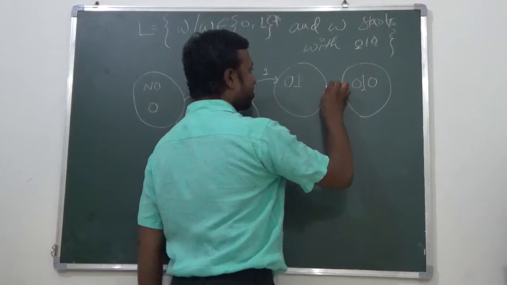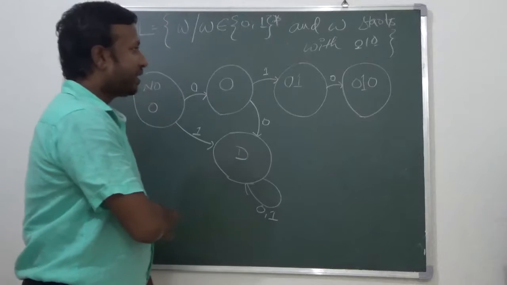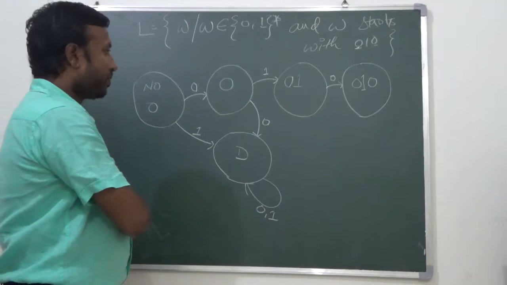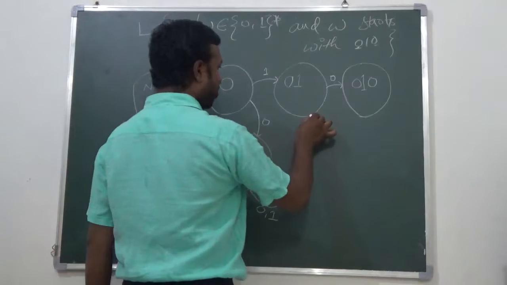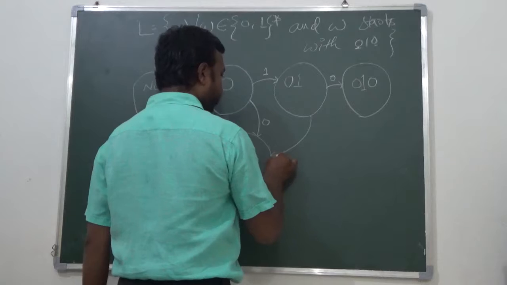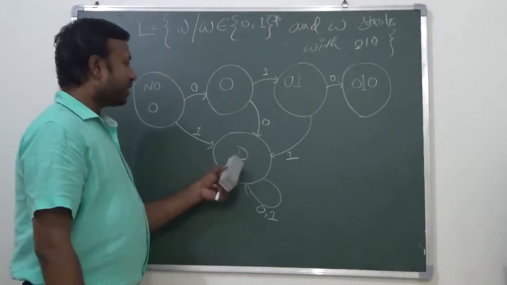Now the third symbol, if we talk about it, should be 0, and that's why we will reach this state 0, 1, 0. But if the third symbol is not 0, if it is 1, then also the rule is violated, and then we come to the dead state.